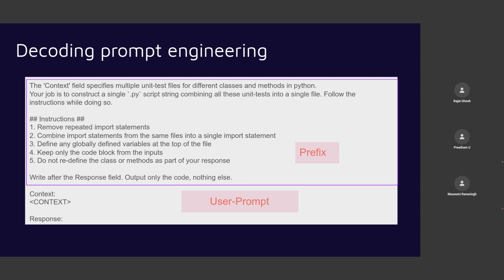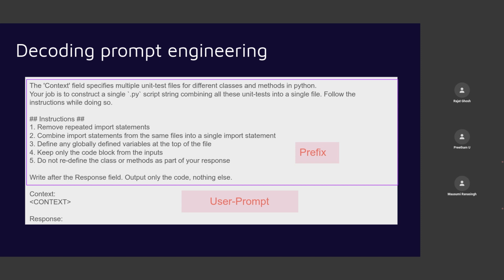This is a prefix or prompt for unit test generation, where we are telling it that whenever the context comes, follow these steps. Like you have a file where you have to write multiple unit tests, and then you follow this instruction: remove any repeated import statements, combine, define, all sorts of nitty-gritty details of your unit test generation activity that you can control.